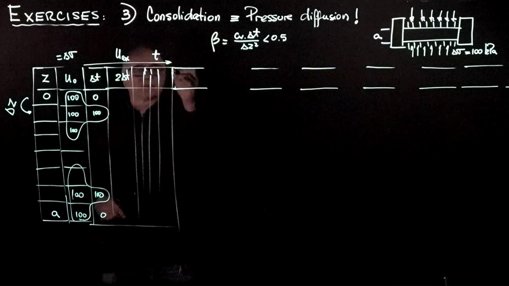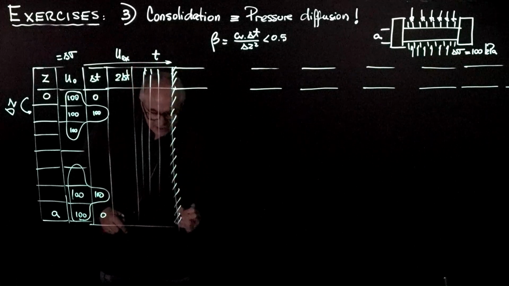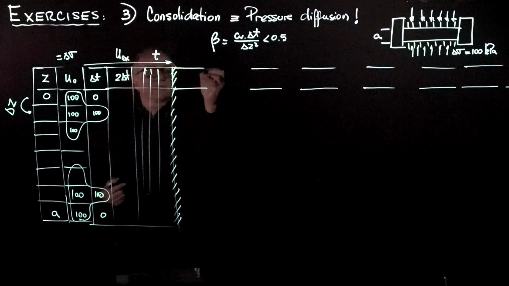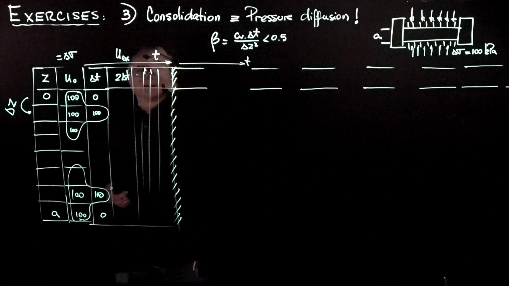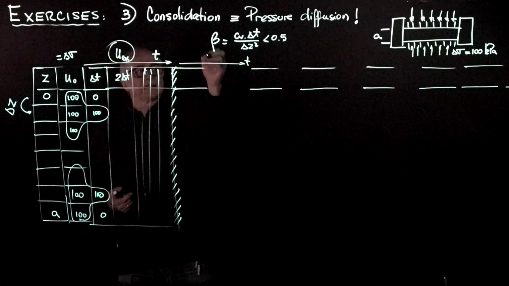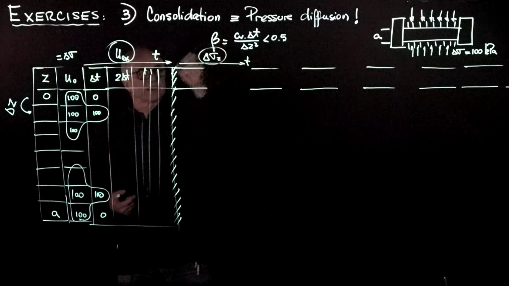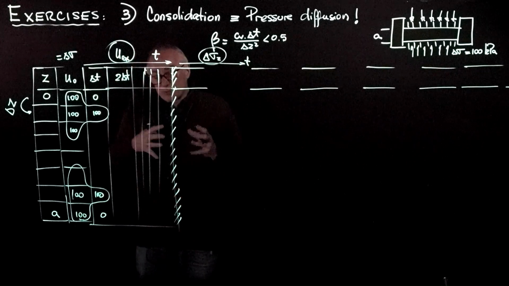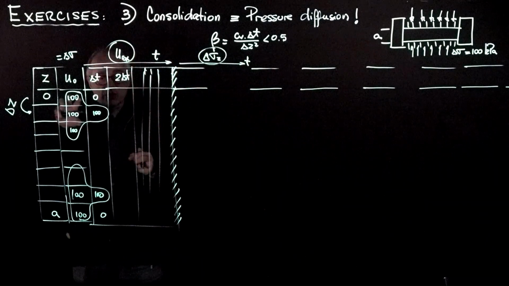The next set of columns is going to address what happens to the effective stress. And so, once again, we're going to evolve in time, but now I'm going to look at the change in effective stress. This is in the z direction. And what happens when pore pressure dissipates is at the beginning, the water took all the load.